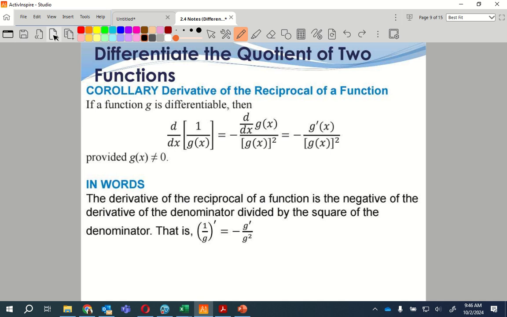All right, the corollary, derivative of the reciprocal of a function. Okay, g is differentiable. Then, if it is differentiable, if you can take a derivative of it, then the derivative of the reciprocal, which is 1 over g, is negative the derivative of g over g squared.